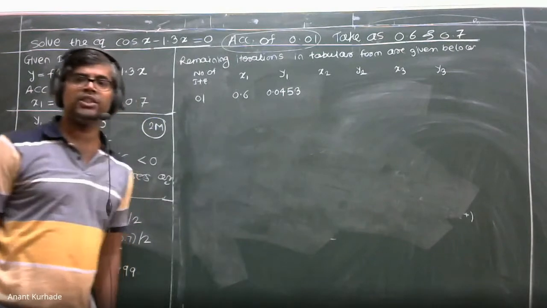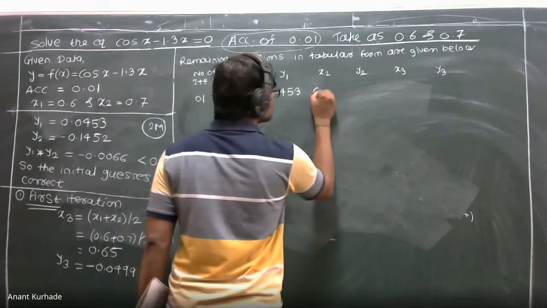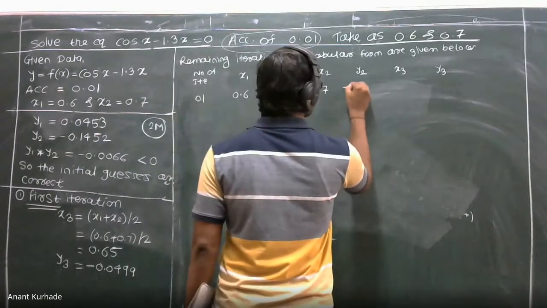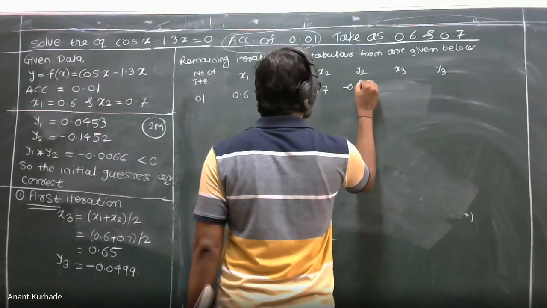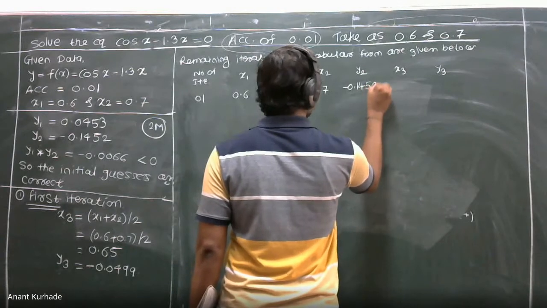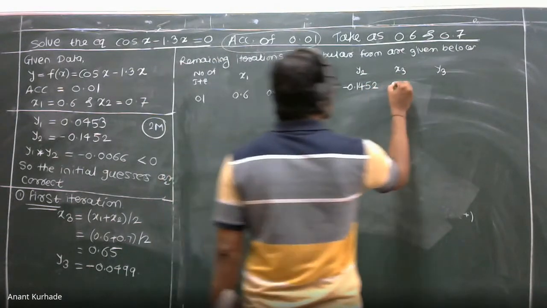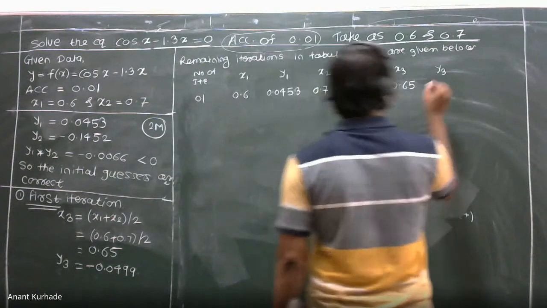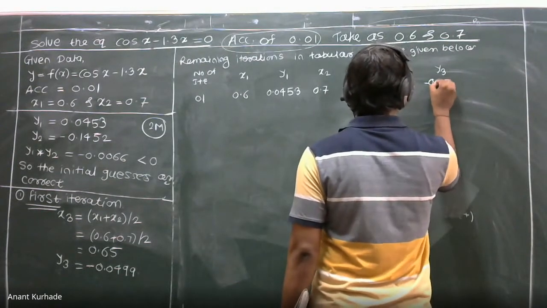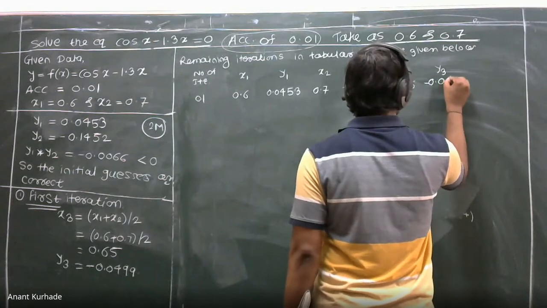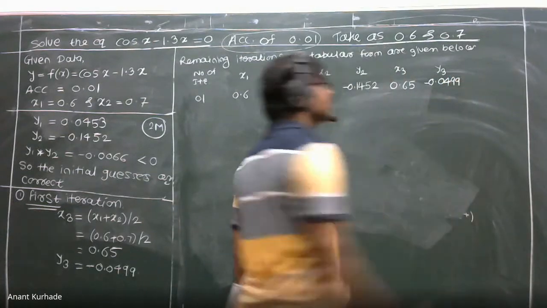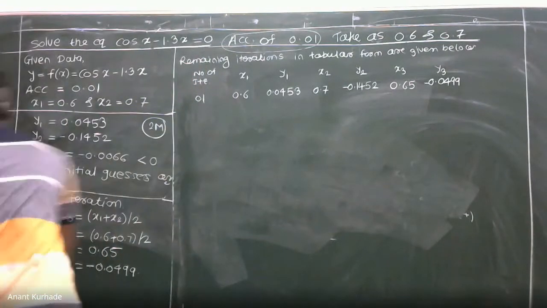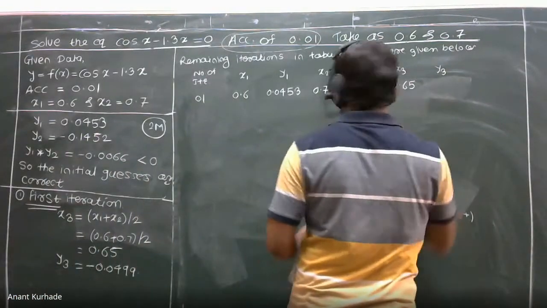What is the value of x2? 0.7. y2 is minus 1.452. What is x3? 0.65. What is y3? Minus 0.0499.